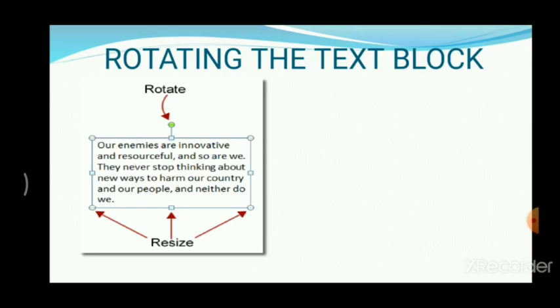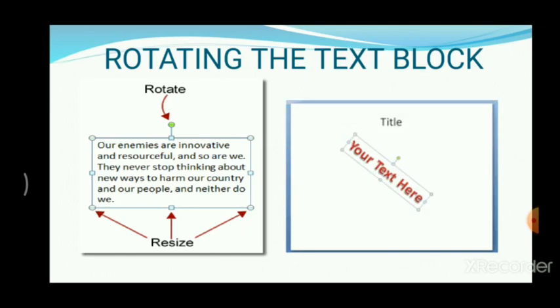As you can see in the figure also, the rotation handle is shown in green color. Okay, bring the pointer over the rotation handle. The pointer will change to a round arrow. Okay. Student, drag to turn the mouse clockwise or anti-clockwise. Then the text block will rotate accordingly.